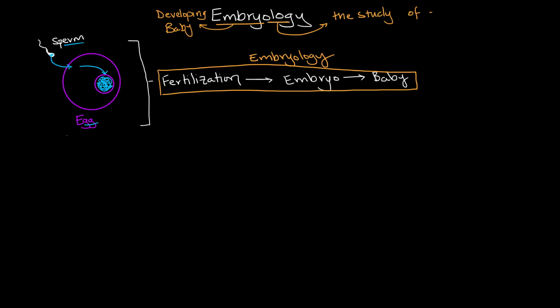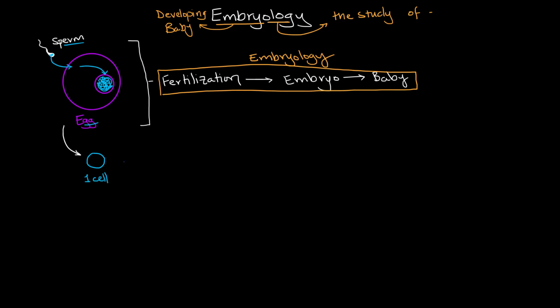After this sperm and egg come together, they form just a single cell. You can call this an embryo at this point. The specific term is known as a zygote, but it's not important to know that.